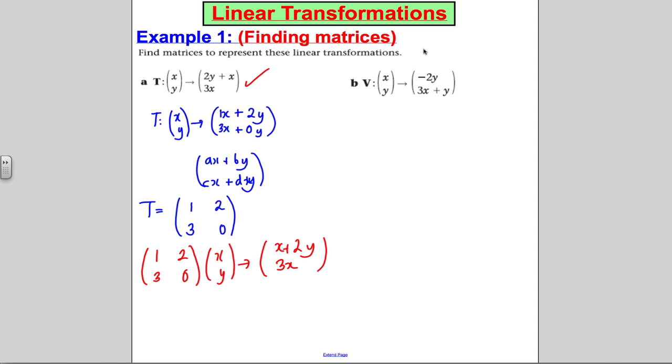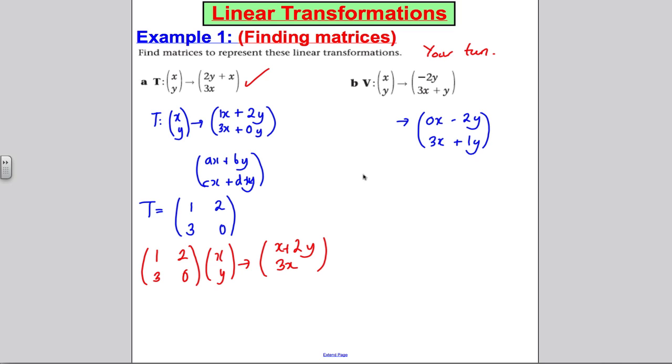Okay, your turn. Why don't you try this one here, pause the video, and see if you can find the matrix that represents this linear transformation that I've called V. Okay, firstly, putting it in the form some lots of x plus some lots of y on top and bottom, this would be no x's, subtract 2y, and 3x's plus 1y.